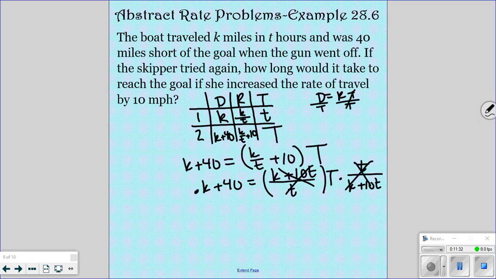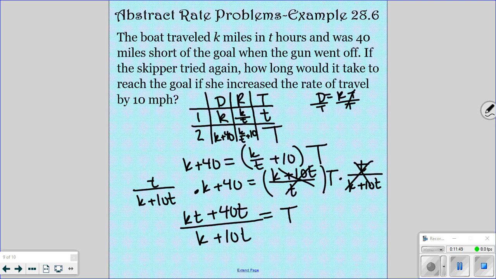So your time would equal KT plus 40T over K plus 10T. So that would be your answer there.